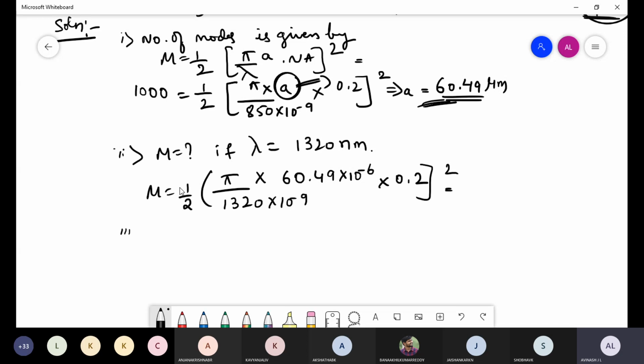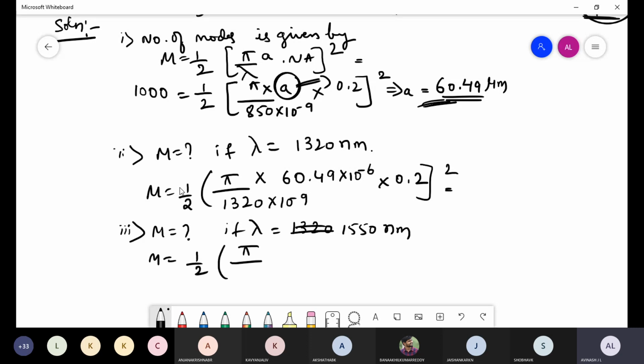That's the second thing. The third thing: the same thing, M we need to calculate where lambda equal to 1550 instead of 1320. So 1550 nanometer, the same formula modified: M equal to 1 by 2 into (2 pi divided by 1550 into 10 to the power of minus 9, here in the denominator itself, into 60.49 into 10 to the power of minus 6 multiplied with 0.2) to the power of 2.